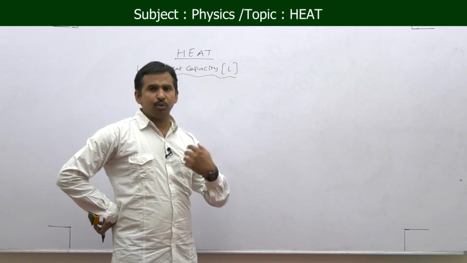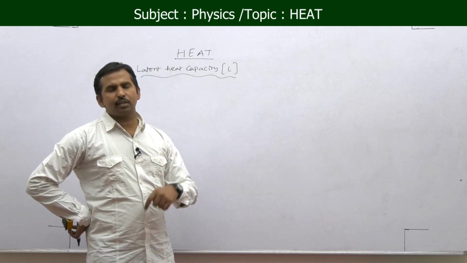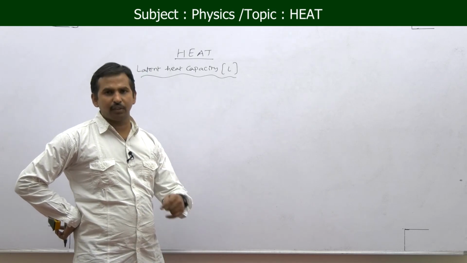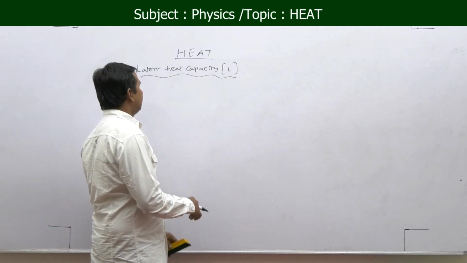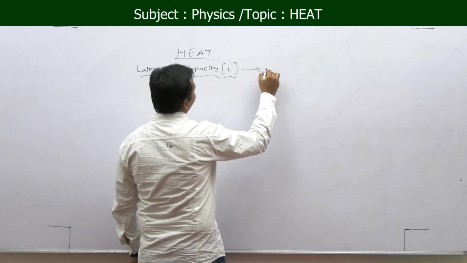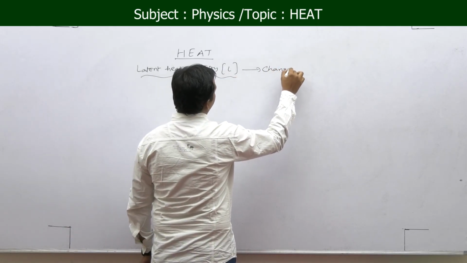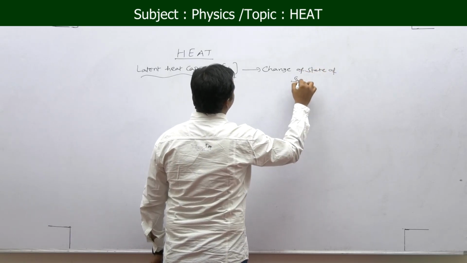Instead of using that heat energy for increasing its kinetic energy, the substance is utilizing the heat energy for some other purpose, that is, the change of state. So latent heat capacity comes when there is a change of state of the substance.